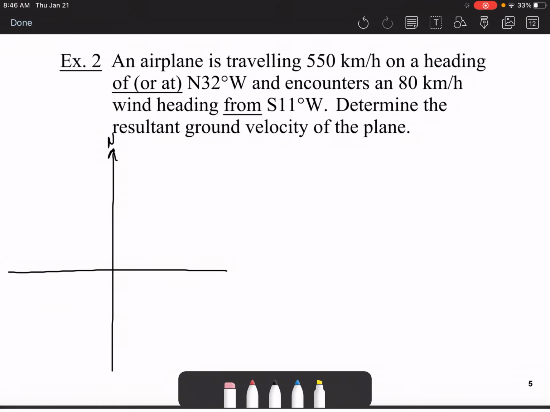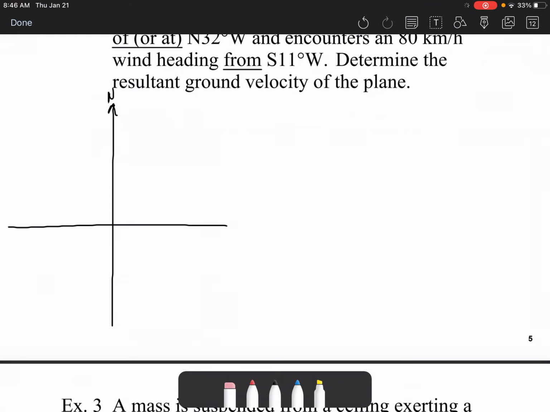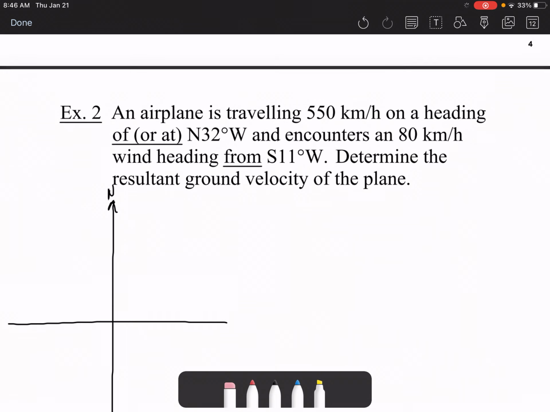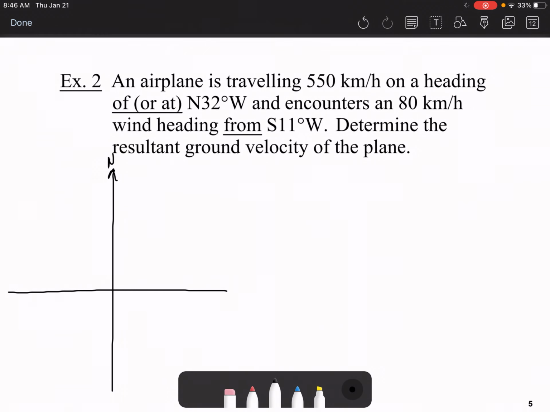So I'm going to draw a vector approximately. There's my airplane. And this is an angle of 32 degrees northwest. North 32 degrees west.